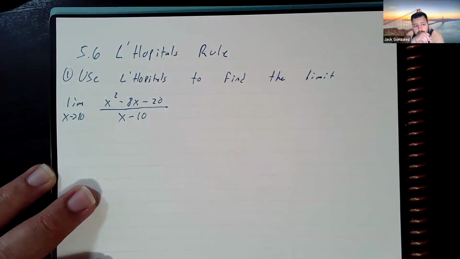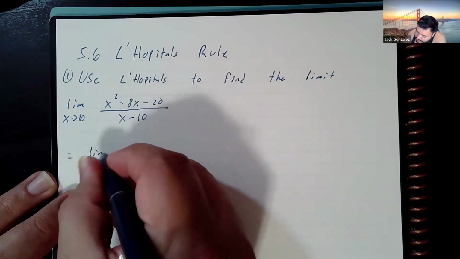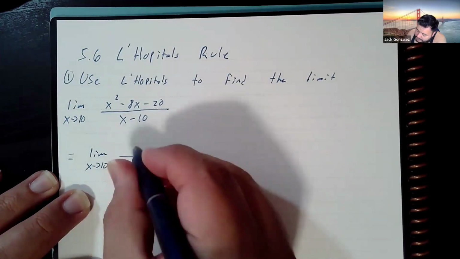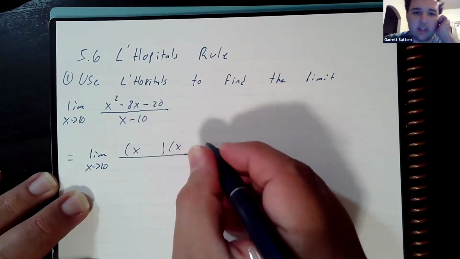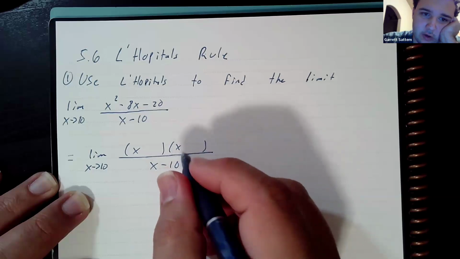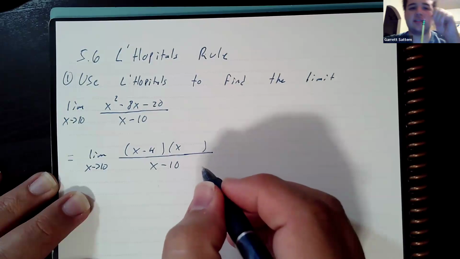So do you agree that, well, let's factor first so you can see it. In case you don't see it, let's factor. What does the top part factor into? X minus 4 and X plus 5.